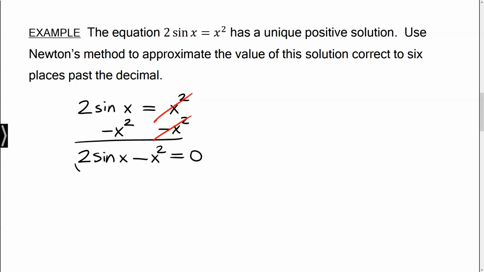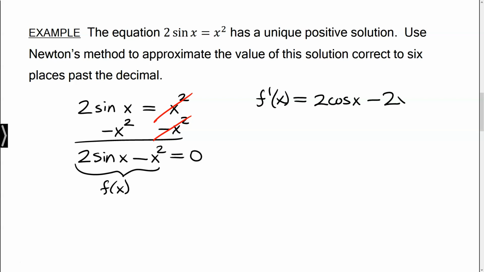Okay, so this is going to be our f of x. Let's find our f prime over here. So f prime of x is going to be 2 cosine x minus 2x, which we could factor out the 2. So it's 2 times cosine x minus x.